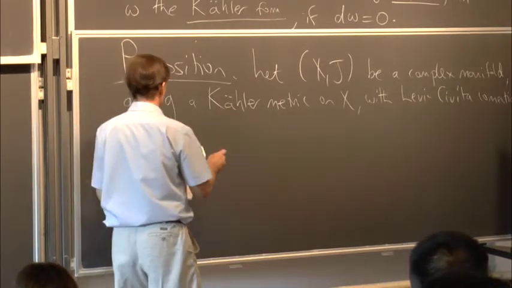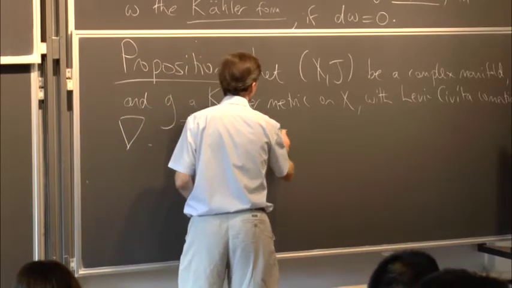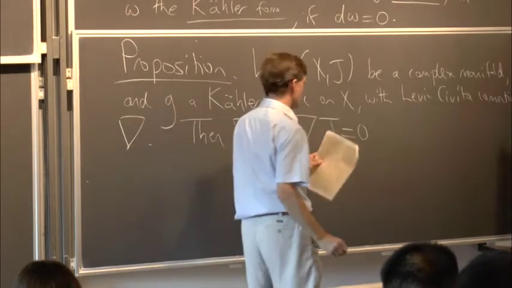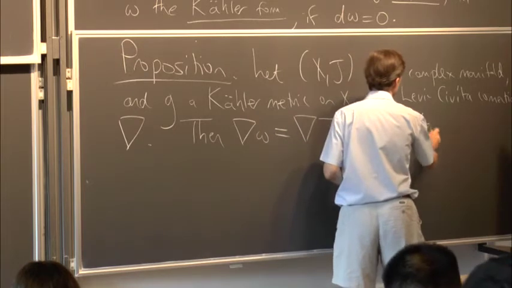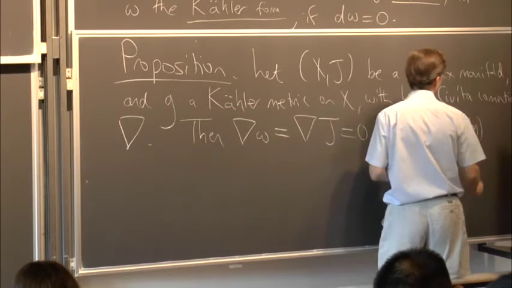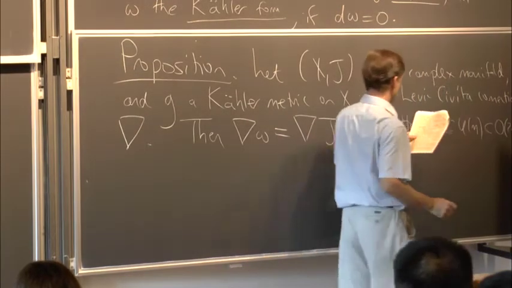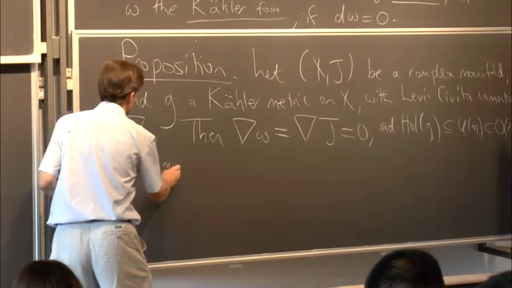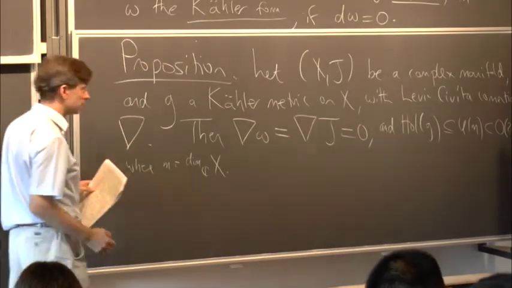The conclusion is that nabla omega and nabla J are 0, and the holonomy group of g is contained in U(m), which is contained in O(2m), where m is the complex dimension of X, which is half the real dimension.